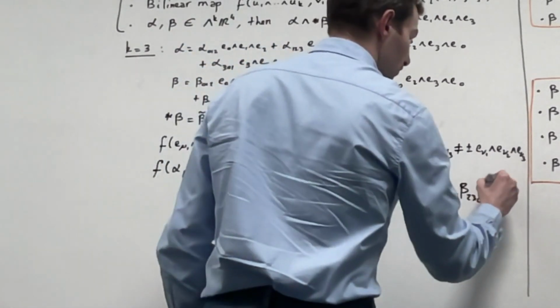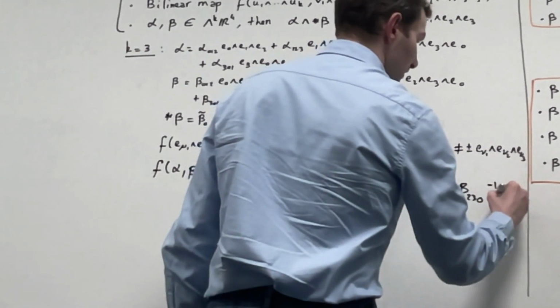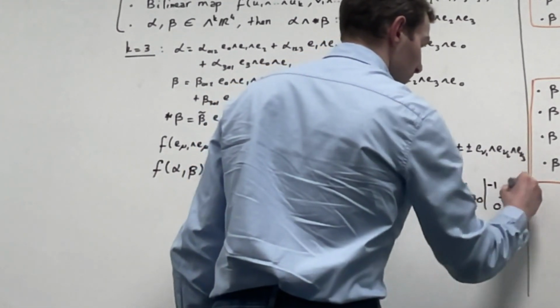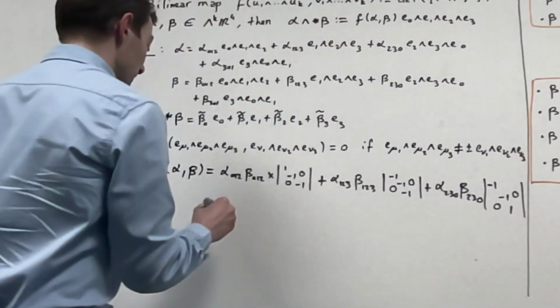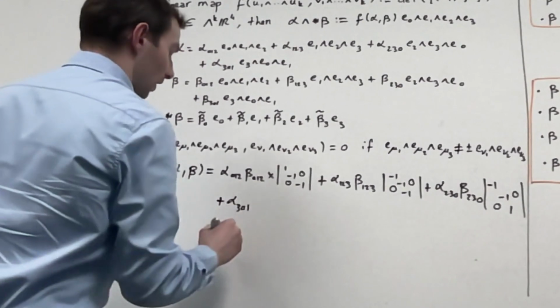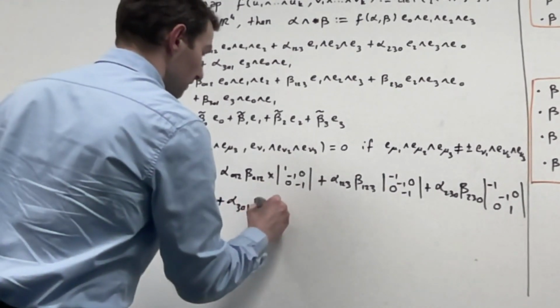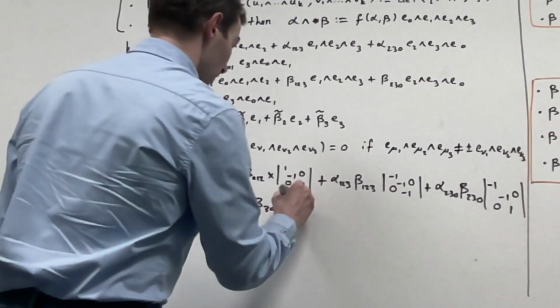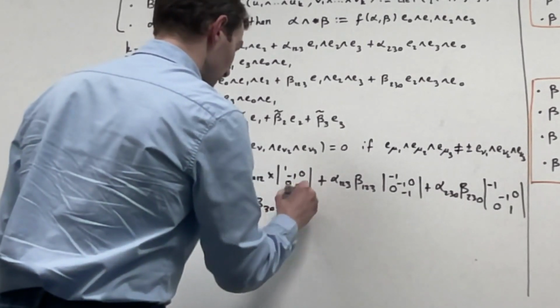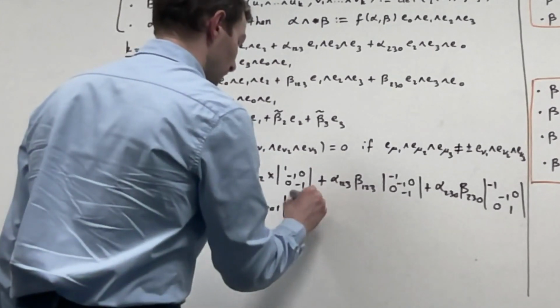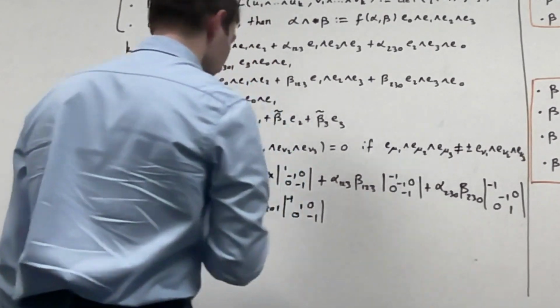And then here I'm going to have -1, -1, and then +1. And finally, the last one would be alpha 3, 0, 1, beta 3, 0, 1. And then that's going to be -1, +1, -1. And again, 0 there.